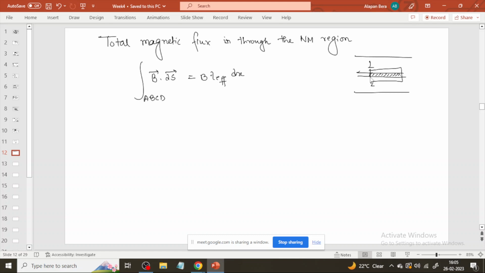Now we have to find the area of this region, then only can we find how much flux is flowing through it. This is dx, and this is t effective, the width of the normal metal region. So the total area is t effective times dx, and B is the magnitude of the magnetic field. That's why the total flux is given by this.